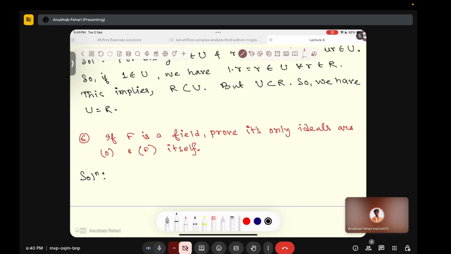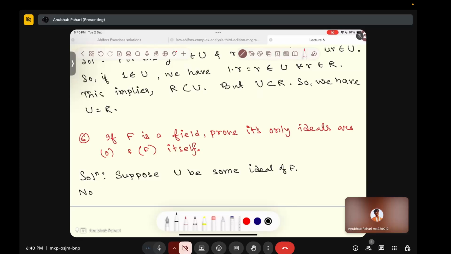It has no non-trivial ideal. So again we will assume that it has a non-trivial ideal, and show that it cannot be non-trivial. So suppose U is some ideal of F.